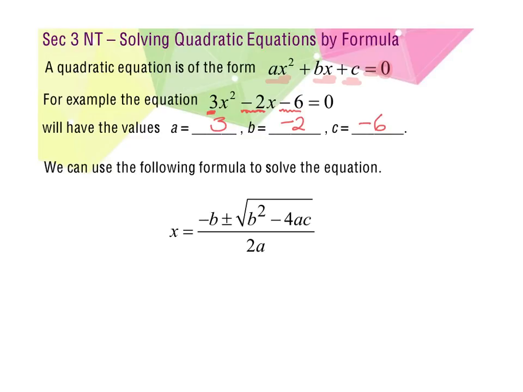So we can use the following formula to solve the equation. x equals minus b plus minus square root of b squared minus 4ac over 2a.